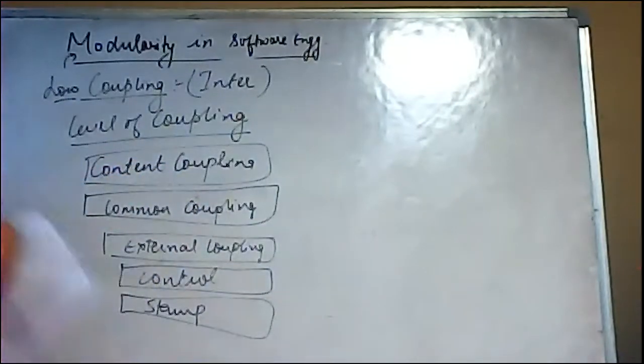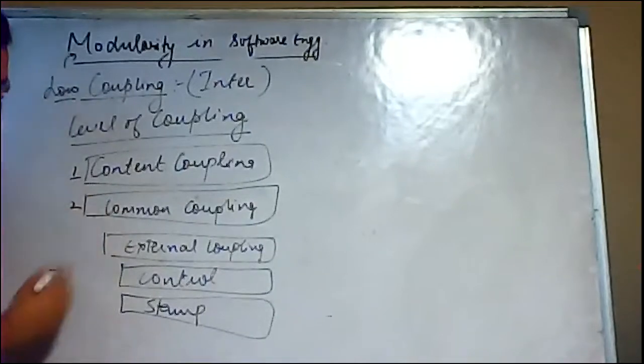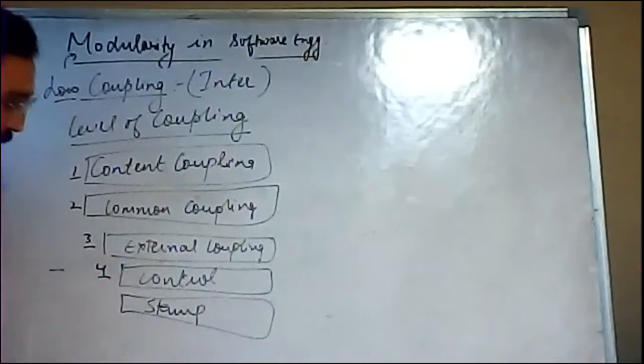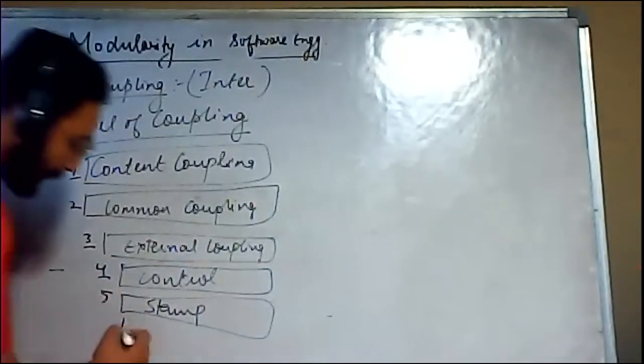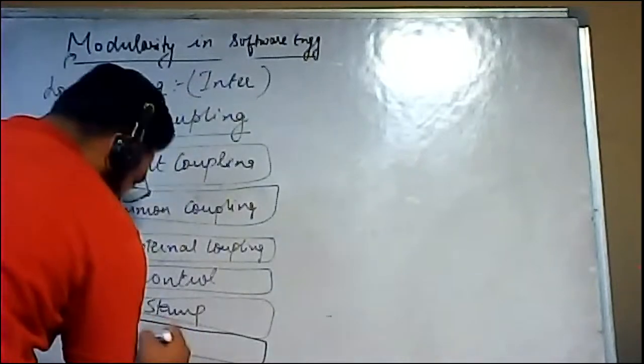Okay, these are the levels of your coupling. First is content, second common coupling, third external coupling, fourth control coupling, fifth stamp coupling, and last is your data coupling.